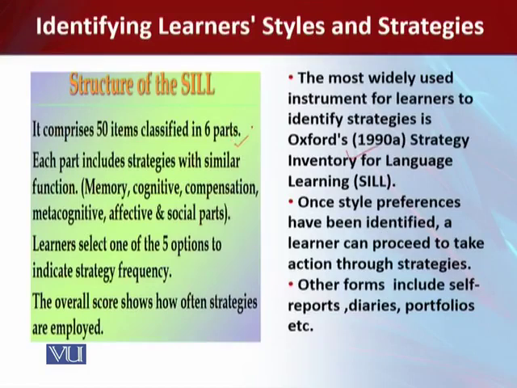Each part includes strategies with similar functions, such as memory, cognitive, compensation, metacognitive, affective, and social parts. Learners select one of the 5 options to indicate strategy frequency. The overall score shows how often strategies are employed.